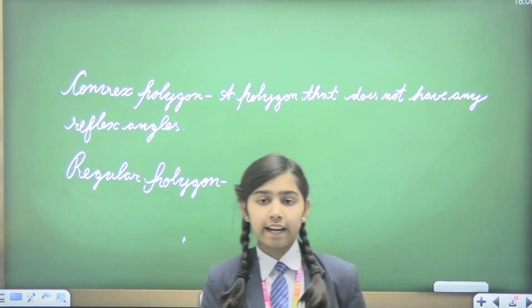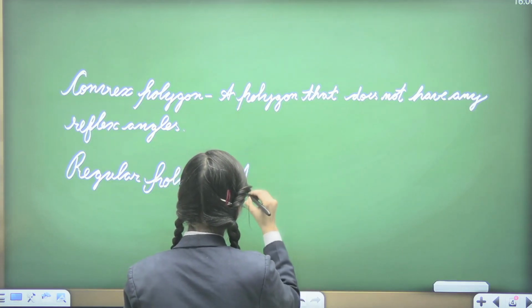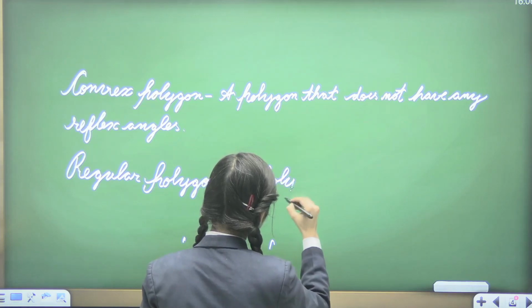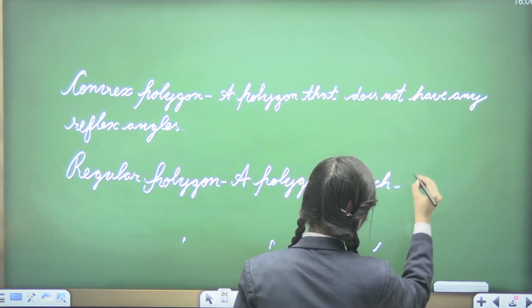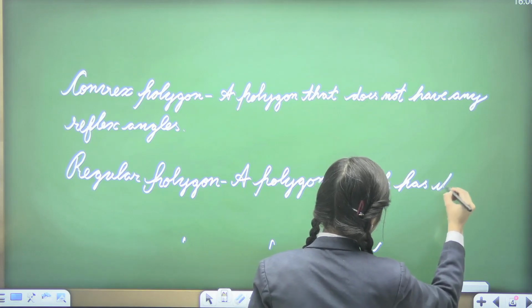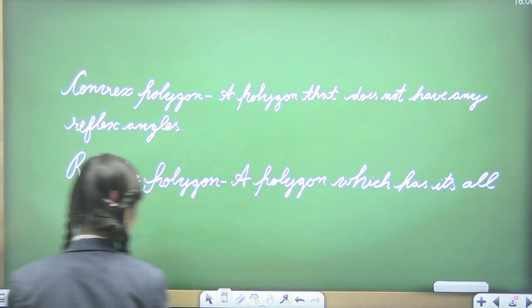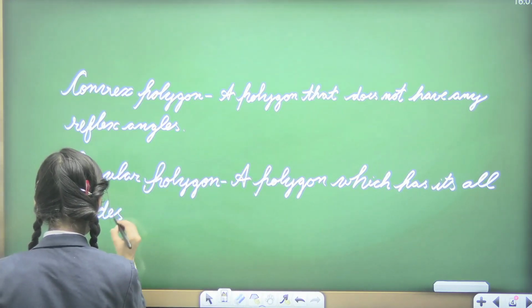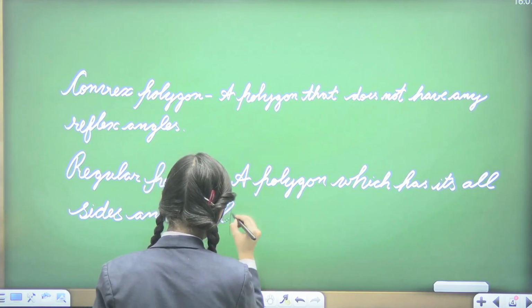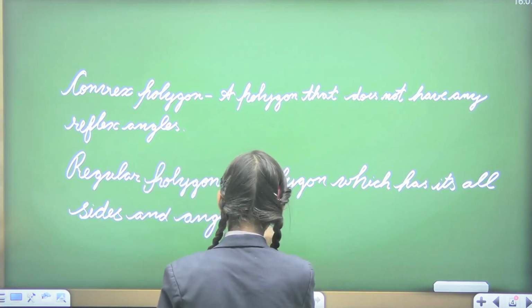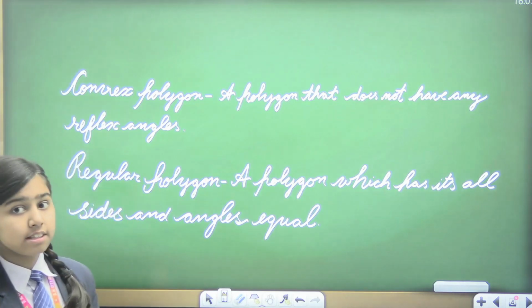A regular polygon is that which has all its sides and angles equal. And the perfect example of regular polygon is a square.